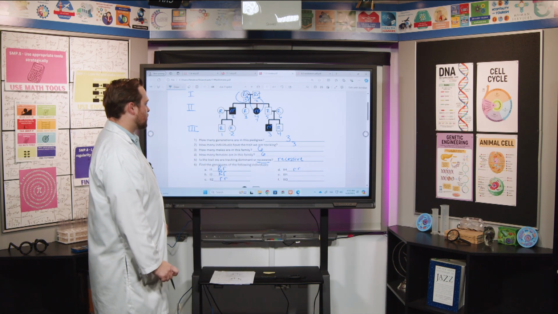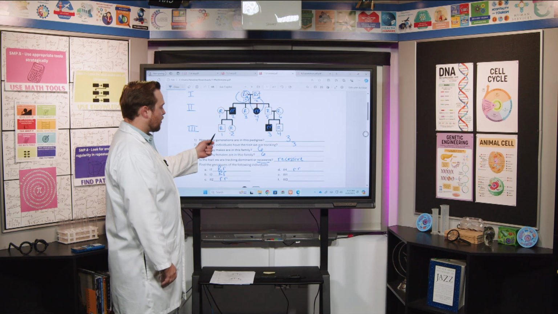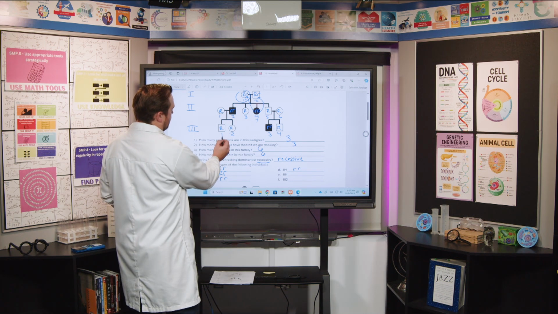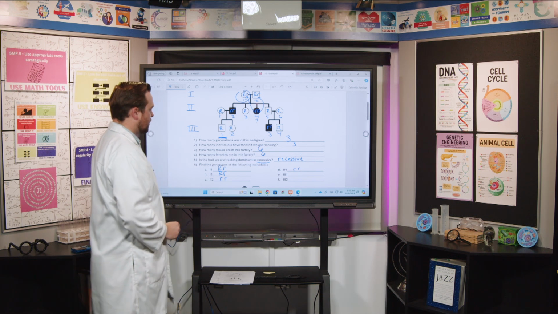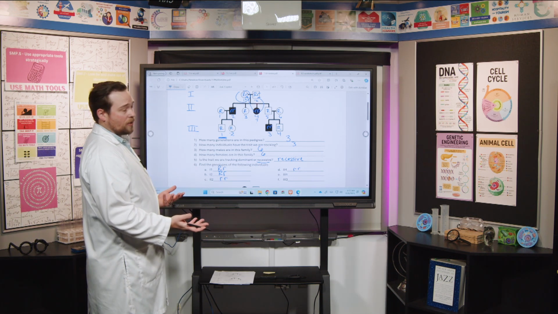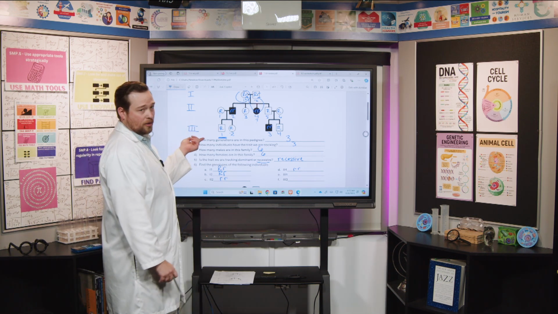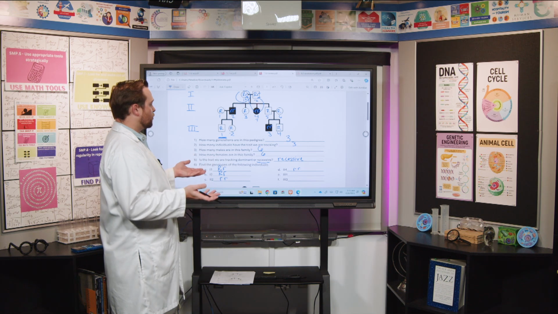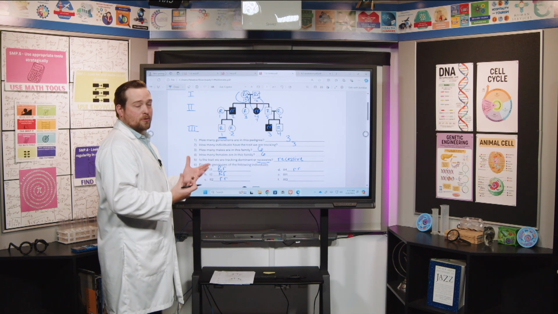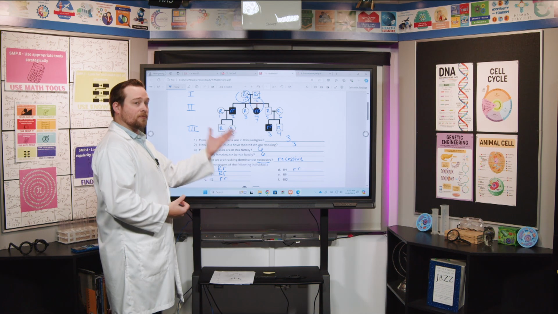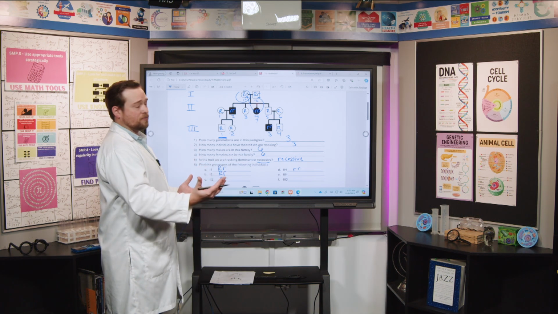All right, the next one is 3-1. They're asking what this individual's genotype is. Okay, this is kind of confusing, right? Because we know what one letter is, but we're not totally sure what that other letter is. Well, again, what you have to remember is that half of your DNA comes from your mom, half of your DNA comes from your dad.